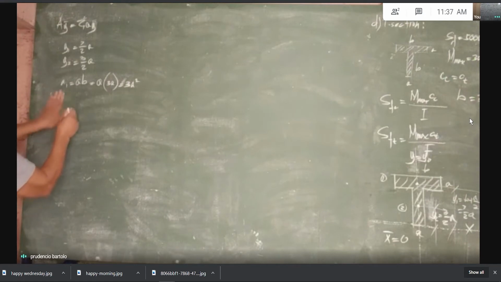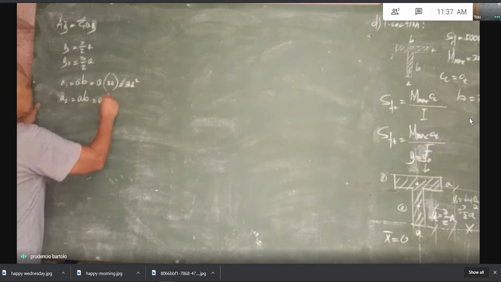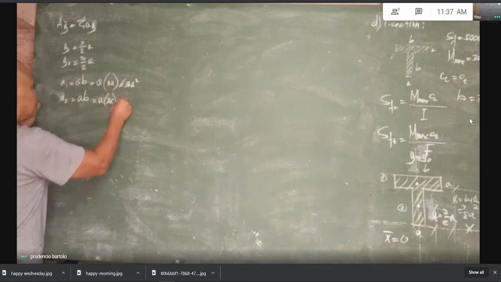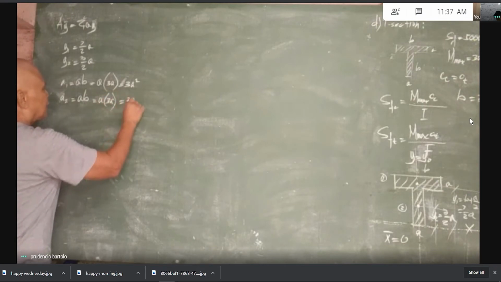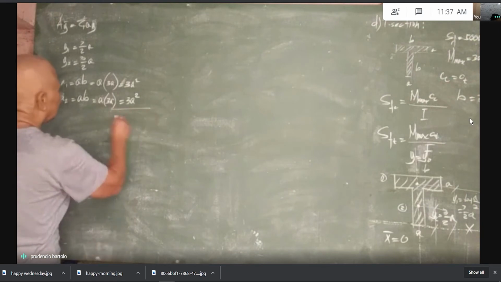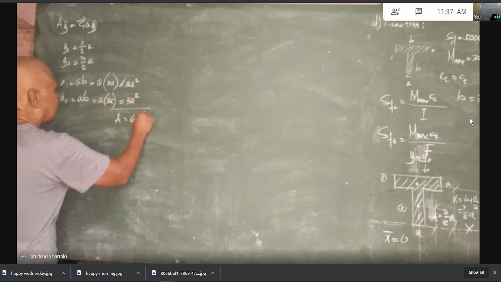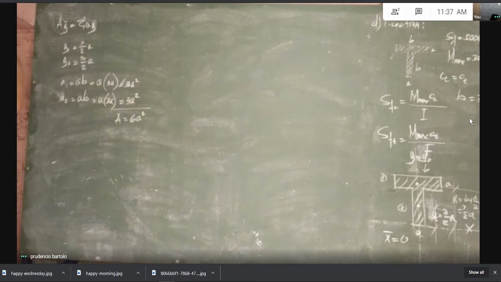A sub 2 is equal to a multiplied by b, or a multiplied by 3a, equal to 3a squared. The total area now, that is A, is equal to 6a squared. Substituting all values in here.